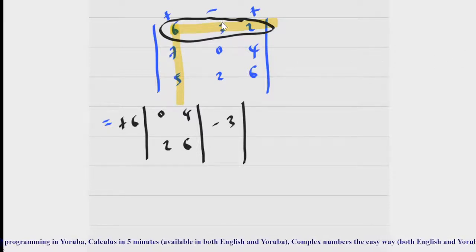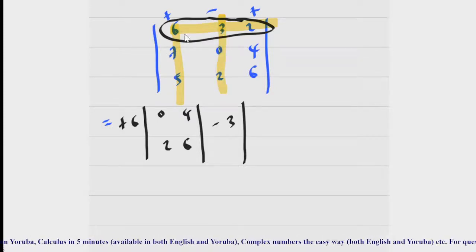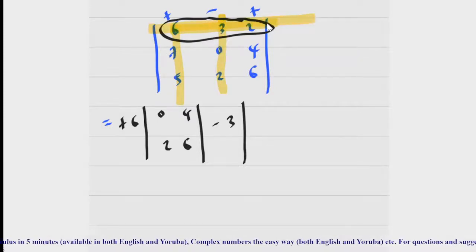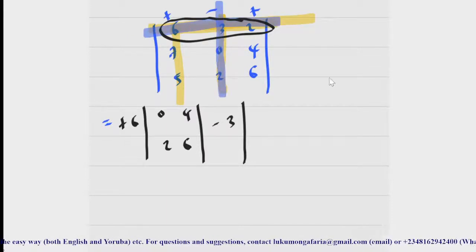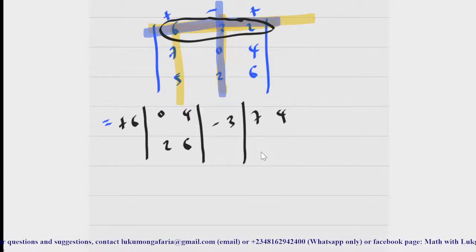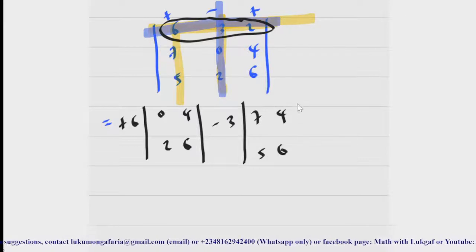The minor is obtained by clearing the row as well as the column where you have 3. What do you have? Maybe I should change the marker so that you can see that clearly. So what do you have left? This is 7, 4, 5, 6.